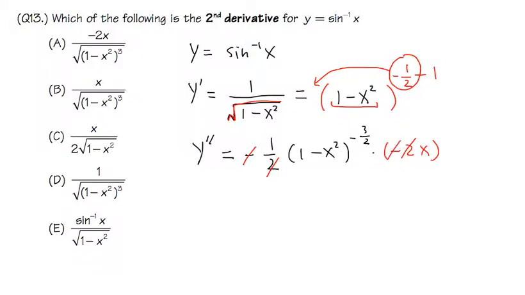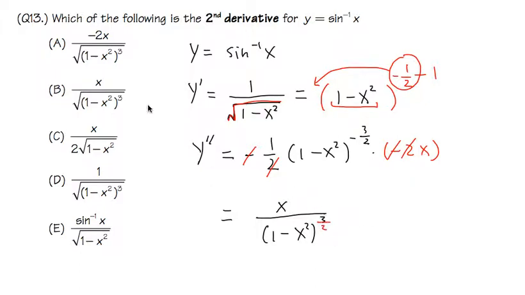And let's see if there's anything that we can rewrite. This x will stay on the top, and the 1 multiplied by that is just x. But since here we have the negative exponent, we are going to bring this whole thing down to the denominator. So we are going to get 1 minus x squared raised to the positive 3/2 power, just like this, 3 over 2.